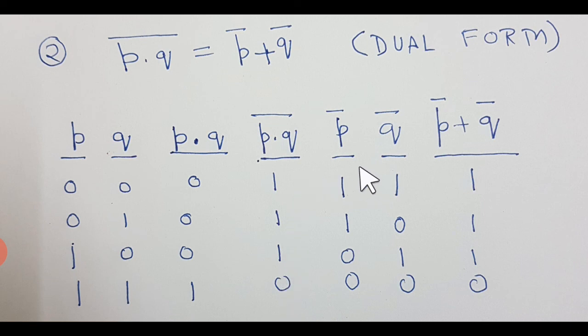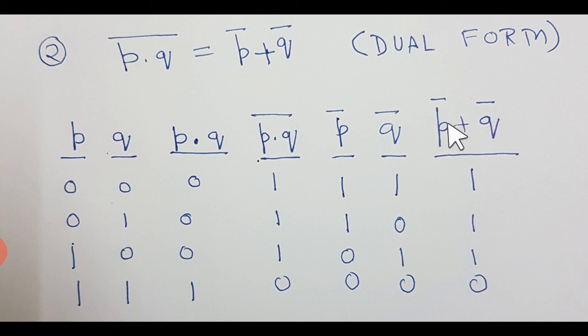Alright, now we have the complement of P and Q. So here we have got 1 1 0 0, because it simply negates the value of P, 0 0 1 1, we get here 1 1 0 0. Same thing happens for Q, where the values are 0 1 0 1. So Q complement or Q bar will have 1 0 1 0. Now we have the OR of P bar and Q bar.